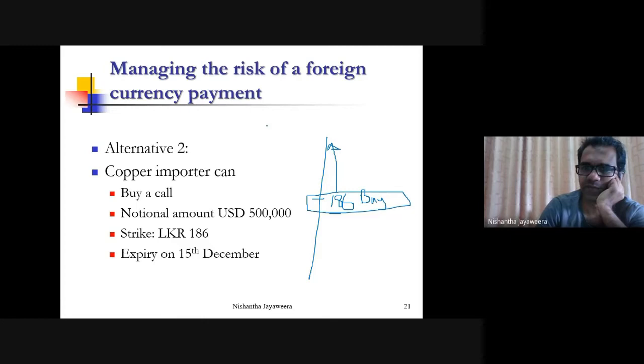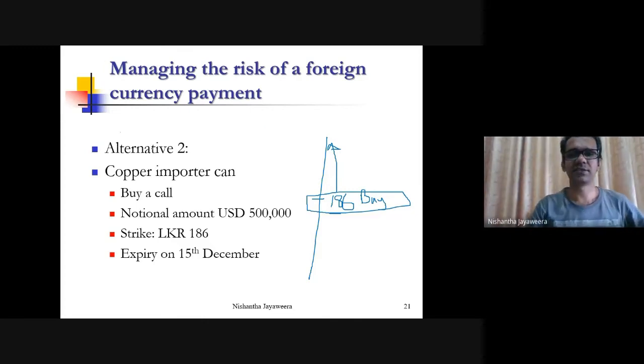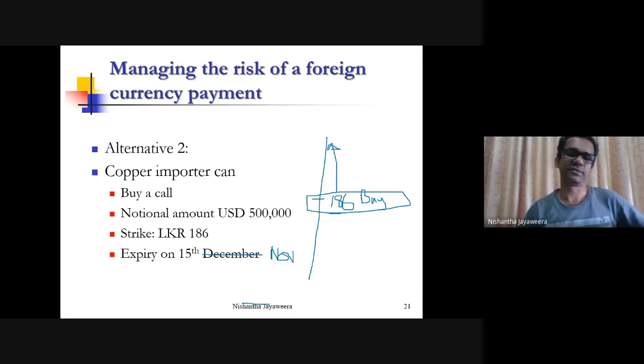The exchange rate may be 190 or 200 or whatever on November 15th.